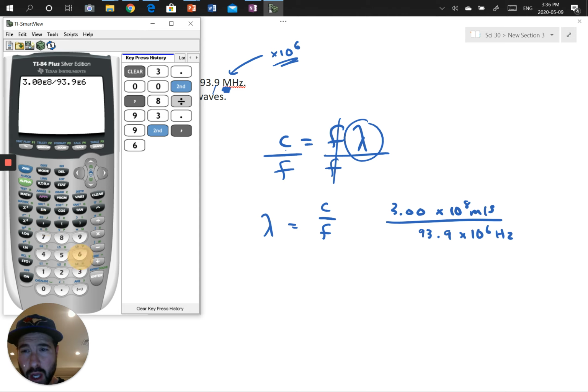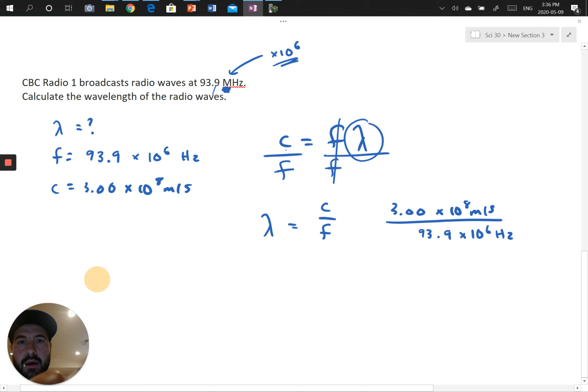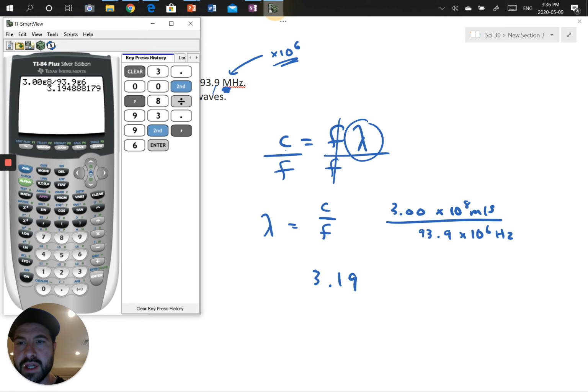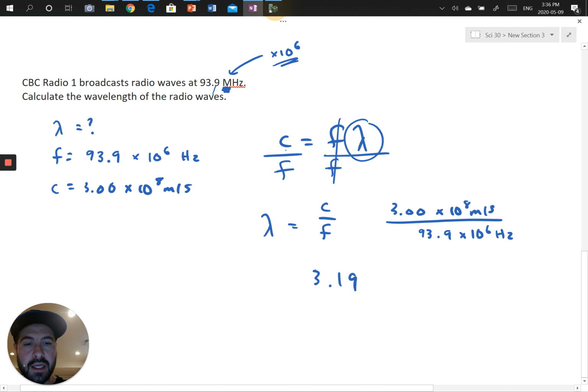If you're not using the E function, you have to use brackets. Be careful with that. And I'm going to get 3.19. Do I have to round? Yeah, 3.194. So 3.19 meters.